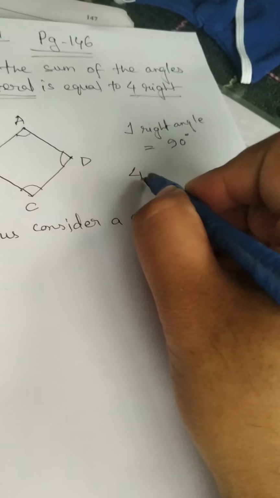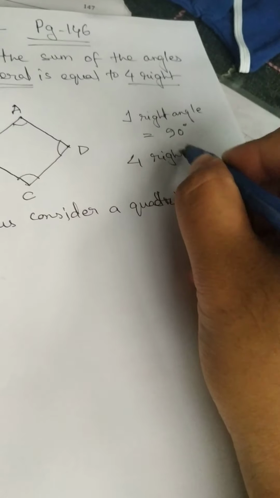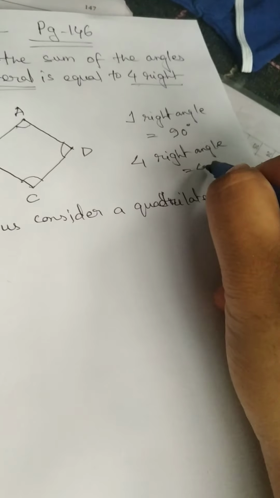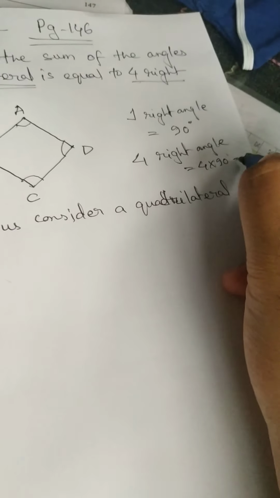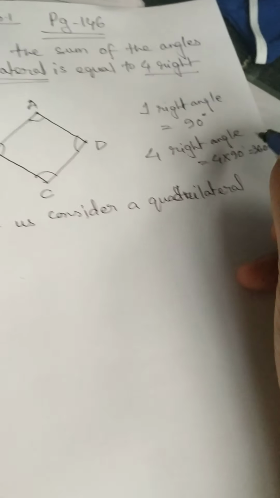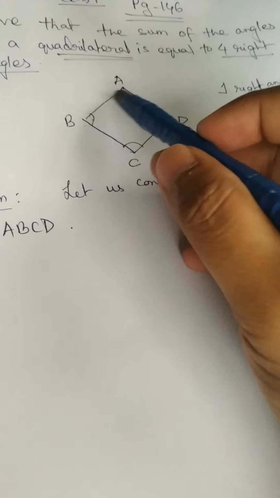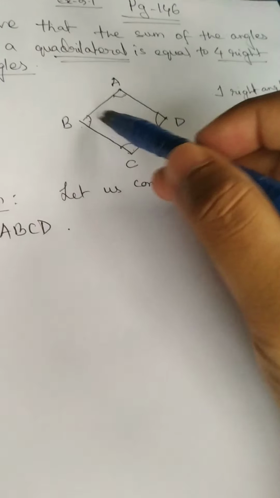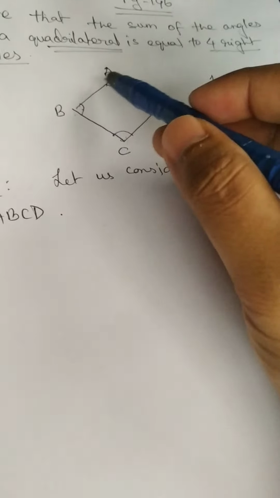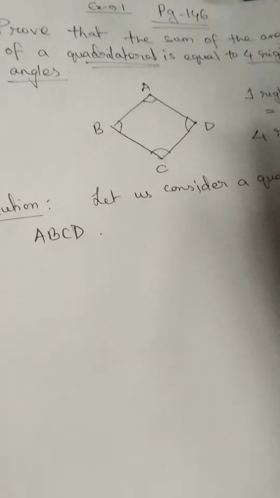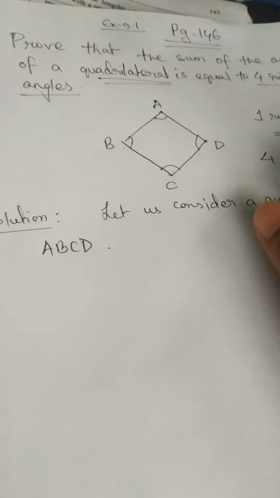So 4 right angles equals 4 into 90, that is 360 degrees. So basically we need to prove that if we add all these 4 angles, angle A, B, C, and D, we get 360 degrees. That is the main aim of this problem.